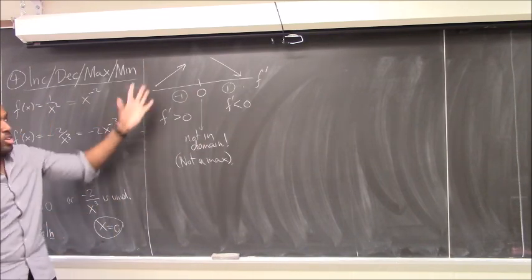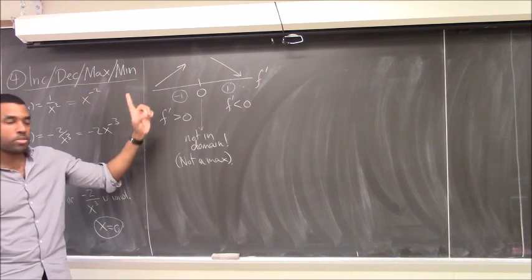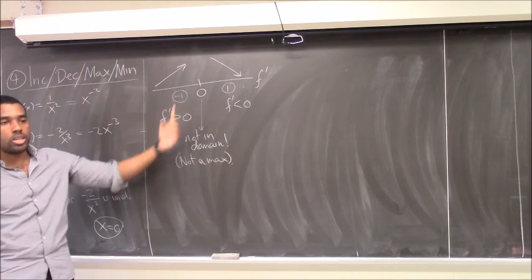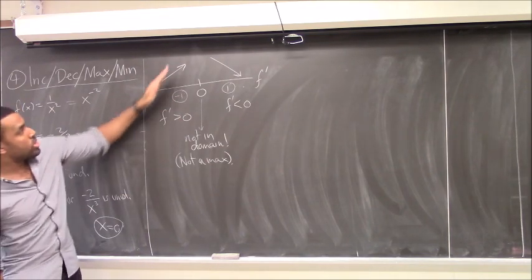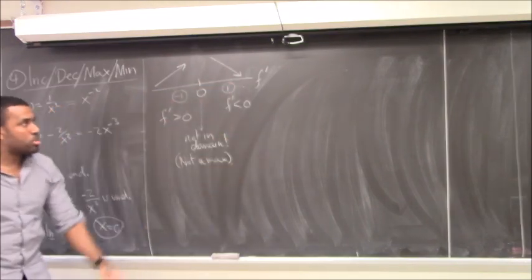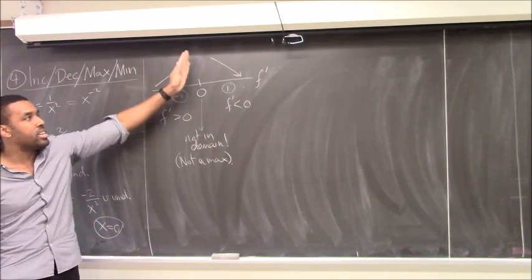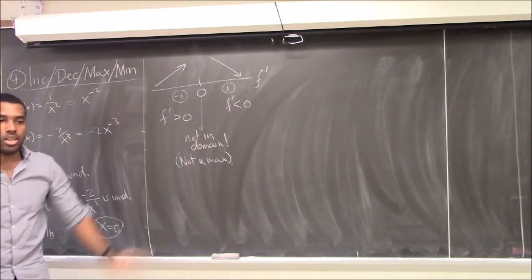So while the picture might look like it's going to be a local max, remember the first derivative test only applies as stated if the function is continuous. We're not continuous at 0. So I do know it's increasing here and it's decreasing there, but there is no maximum or minimum because the only candidate for the maximum is actually not in the domain.